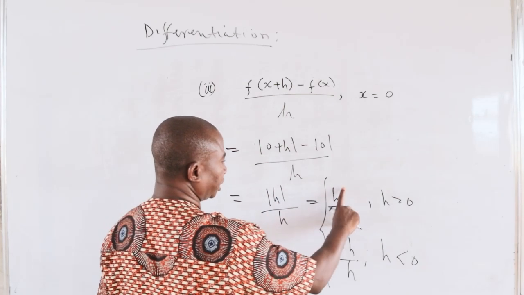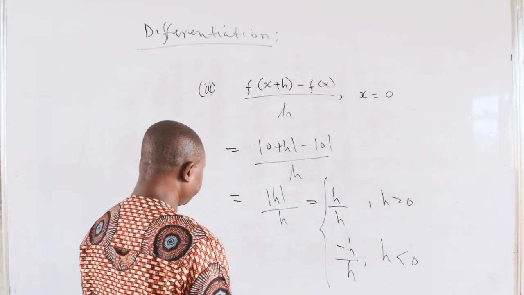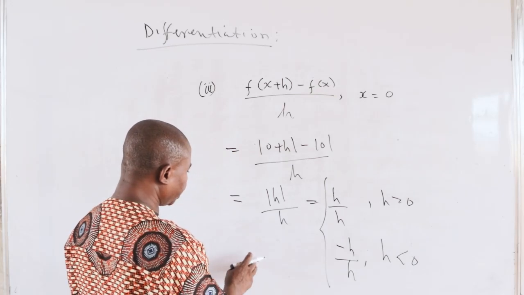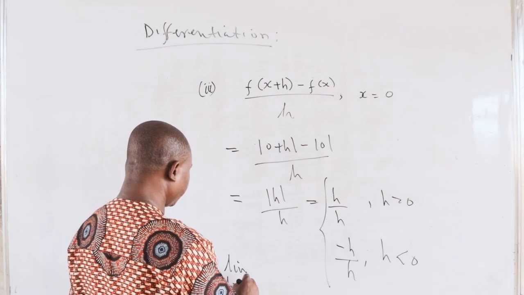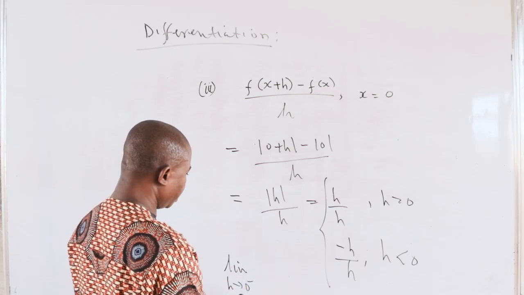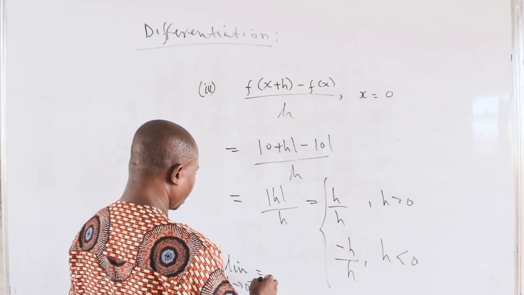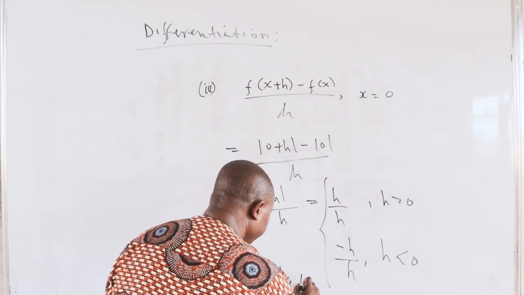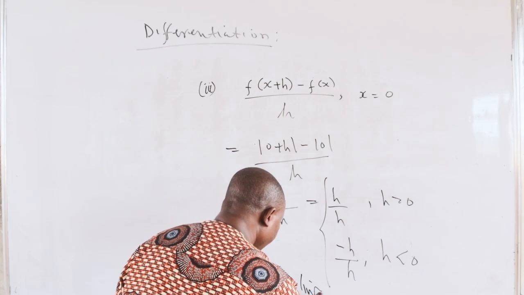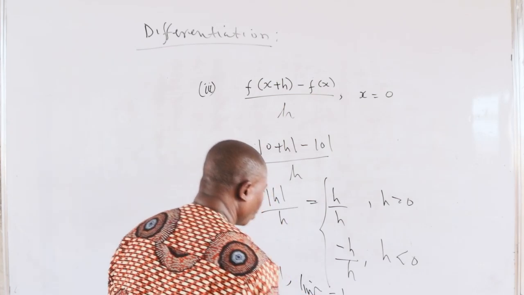So we can now see that the limit as h tends to 0 from the negative is equal to minus 1, whereas the limit as h tends to 0 from the positive is equal to 1.